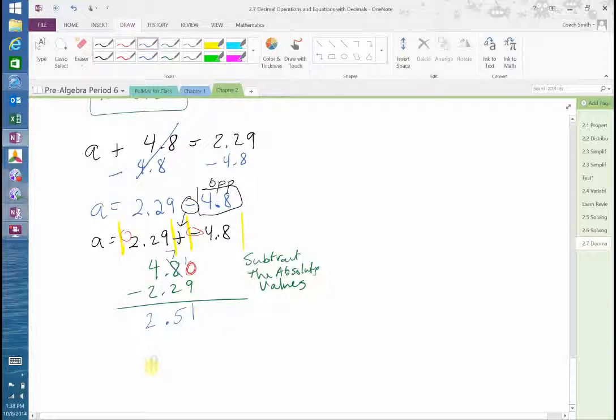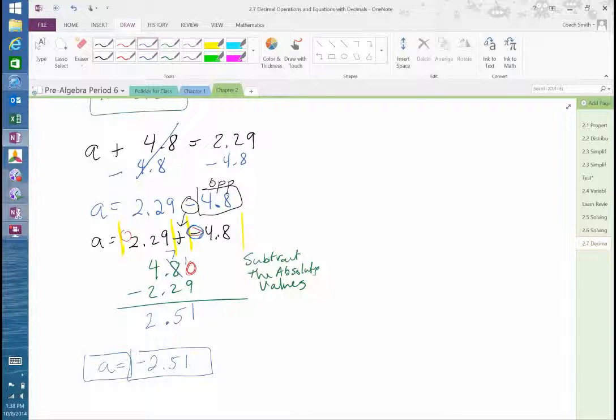Now, it's 2.51. The larger absolute value is negative. So it is negative 2.51, because we also just discovered a while ago that we couldn't add a positive to 4.8 and get a smaller number.